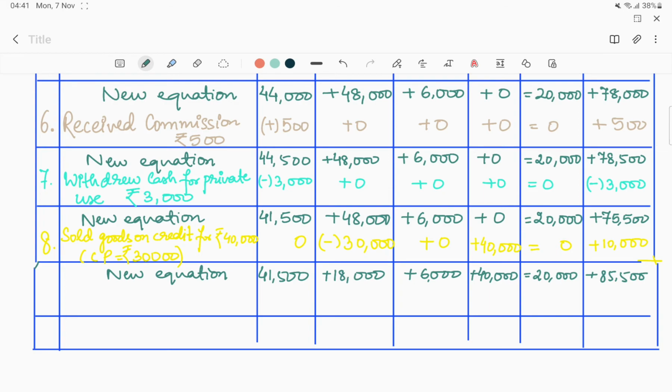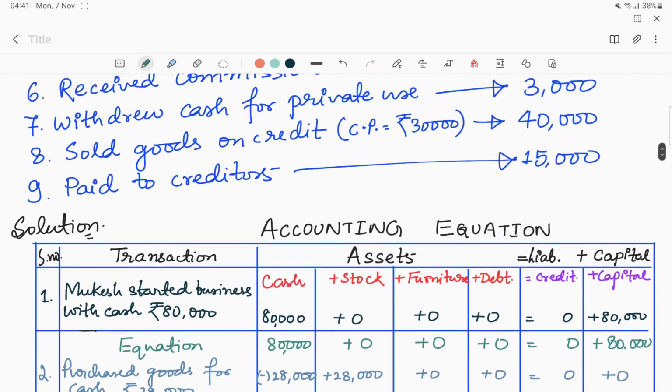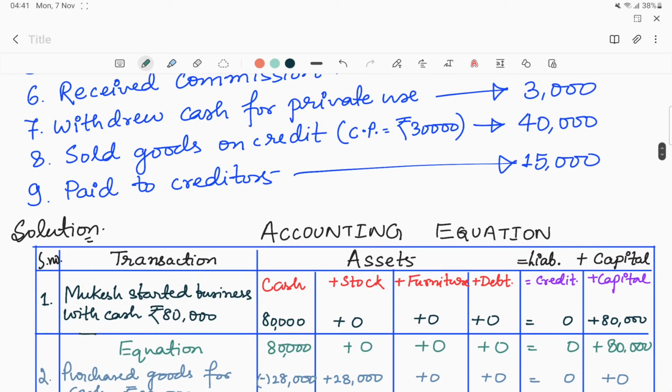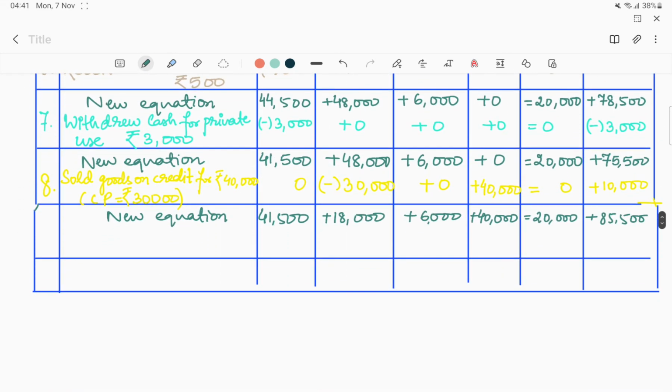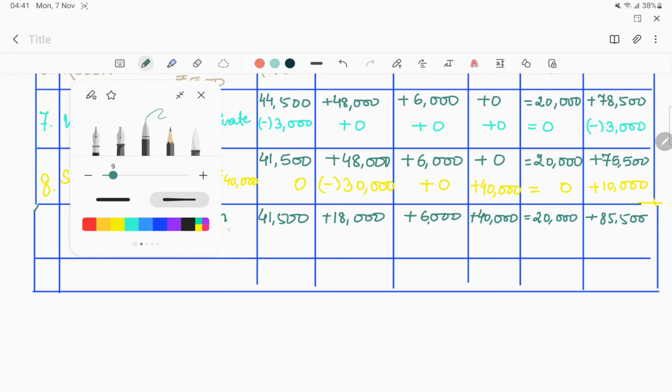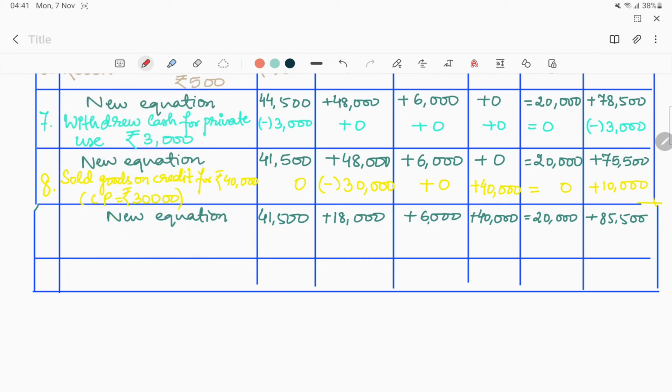Let's see the last transaction. In the last transaction, Mukesh is paying to creditors, and the payment amount is 15,000. So let's write that transaction in the column. Serial number 9, paid to creditors.